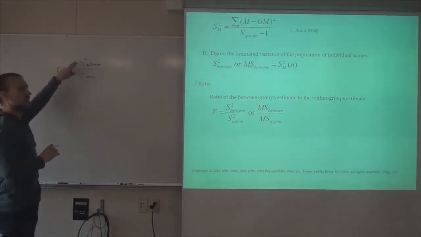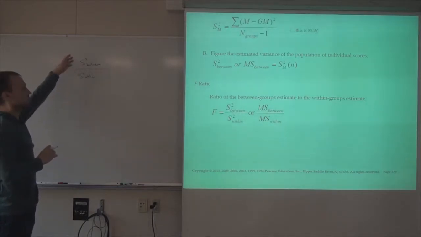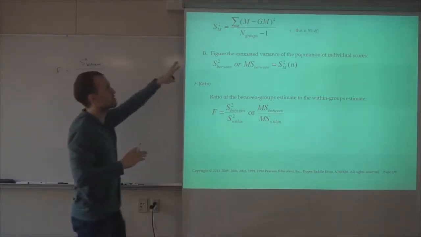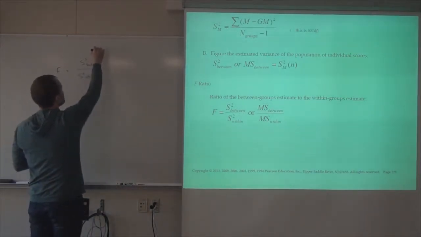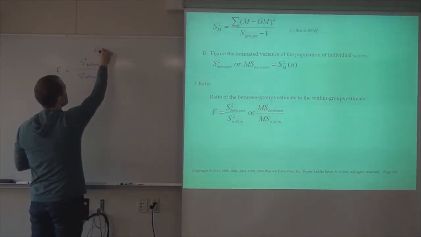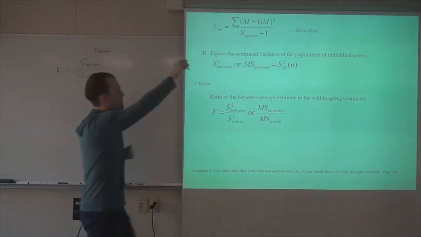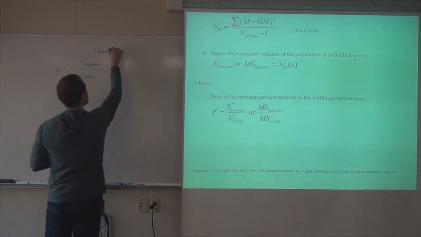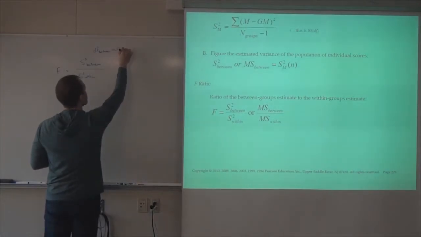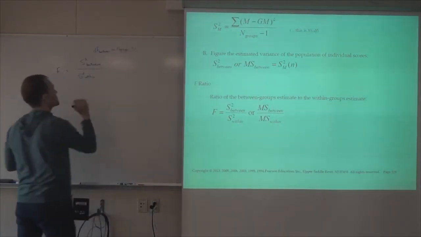Now each of these guys has a degrees of freedom with it. So this one I'll call the degrees of freedom between, and that comes from the number of groups minus 1.